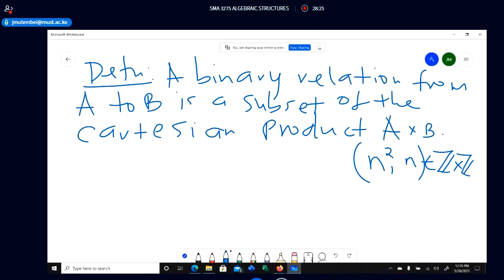Then some other terminology I want us to define in connection to relations. We can define now the domain and the range. This is where we are obtaining the set on which the relation is applied.